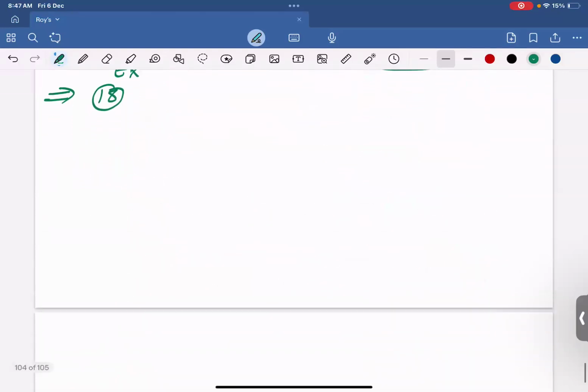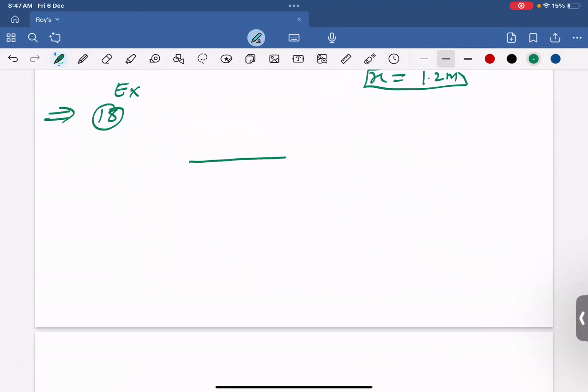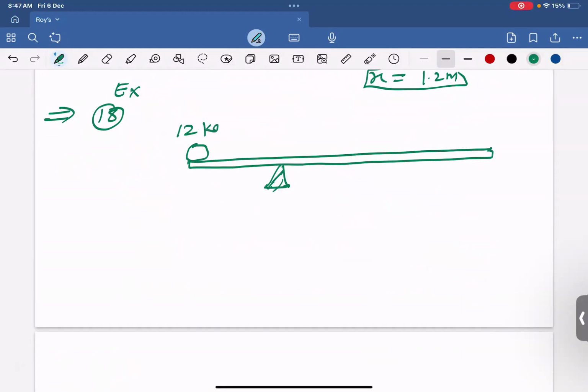You see, one example is given that one rod is like this, and it is fixed at this place like this. This is the support. Now here this is 12 kg, and here is M, and here is 3 kg.